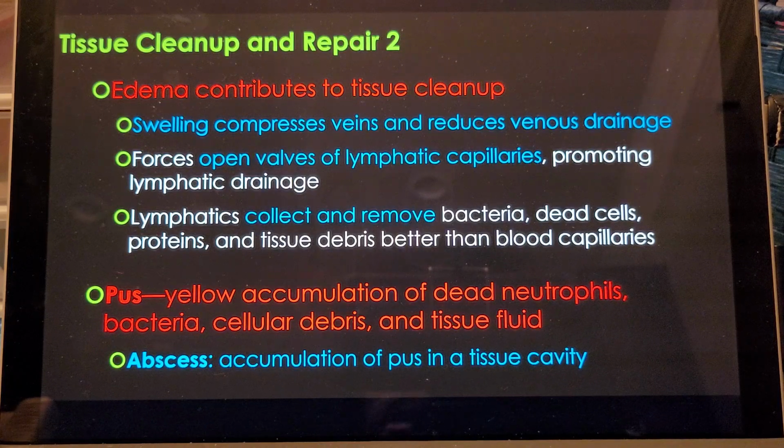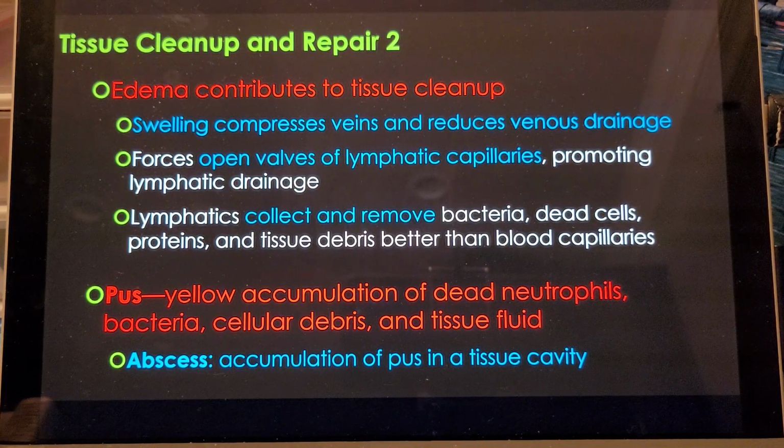Another way for our tissue repair is you'll see sometimes, and this happens even just with an insect bite or something, where you have pus, which is a collection of debris, fluid, bacteria, dead neutrophils. So sometimes that's why it gets the different colors, where it's just in that area and it just wasn't properly moved out of the way.